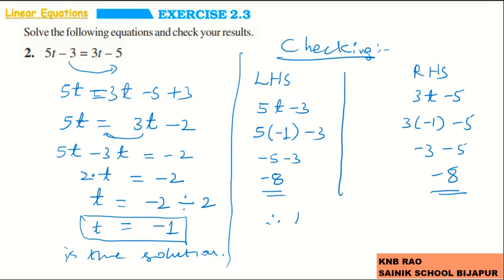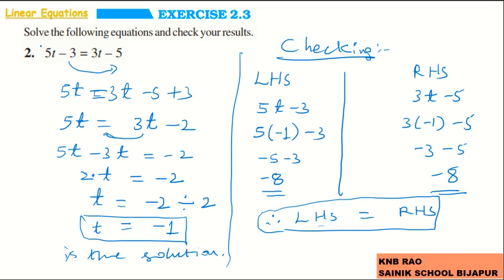Therefore, left hand side value equals right hand side value. It ensures us that while solving we did correctly, we did not go wrong anywhere. It confirms that t equals minus 1 is the solution. Understood? For that reason, to see whether we have done correctly or not, we will do checking.